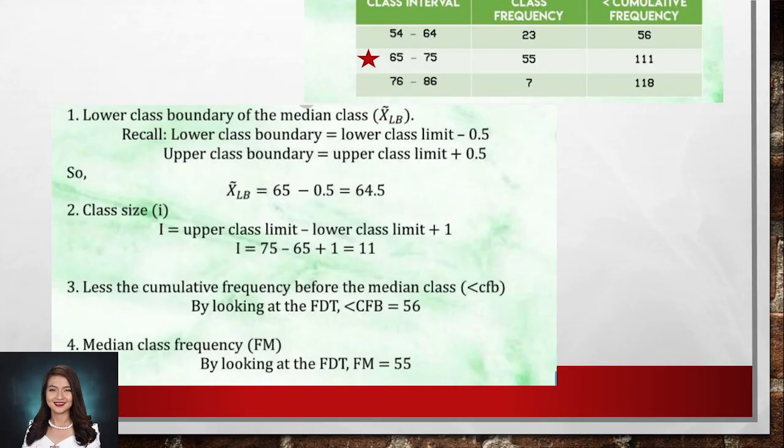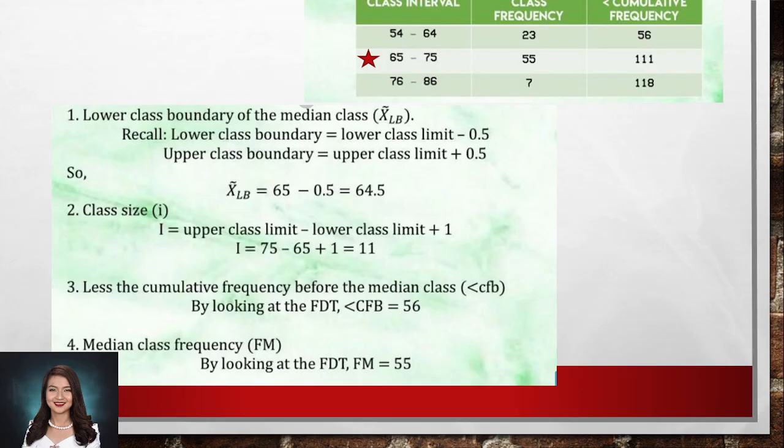Next, let's proceed to the class size or i. So our class size is equal to the upper class limit minus the lower class limit plus 1. So class size is equal to 75 minus 65 plus 1. It is equal now to 11. Next, let's get the less than cumulative frequency before the median class or the less than CFp.